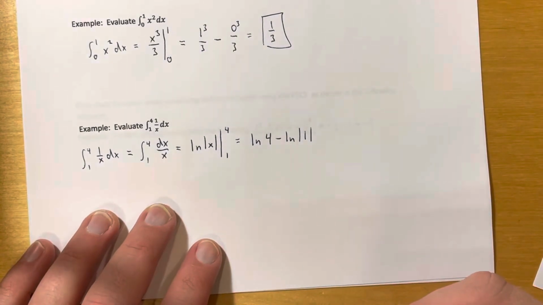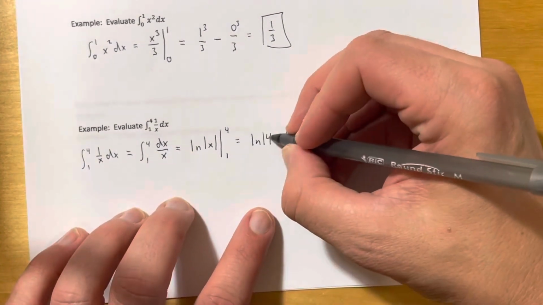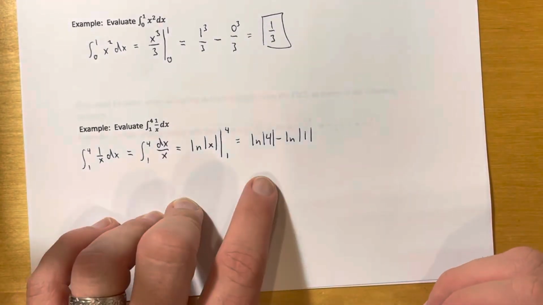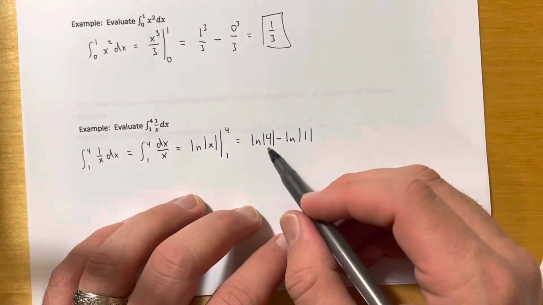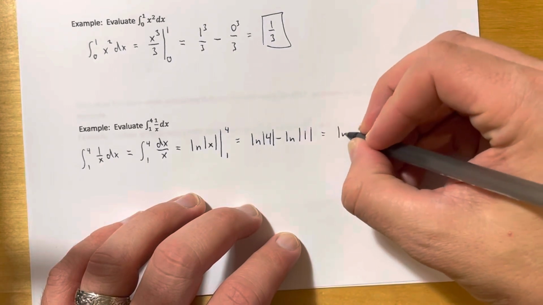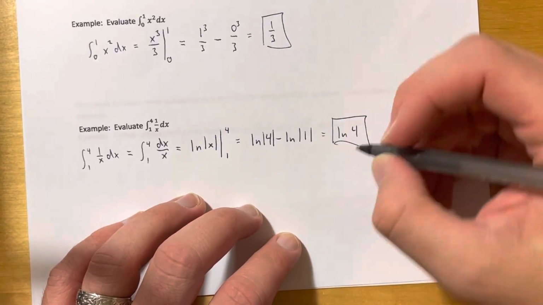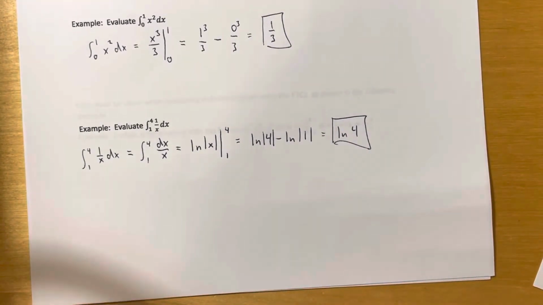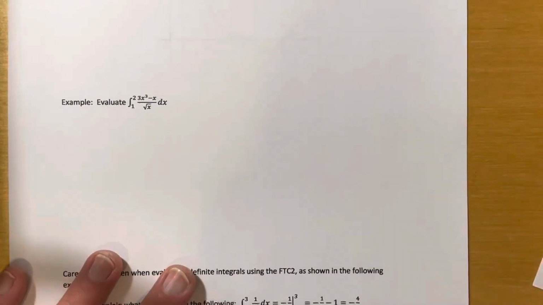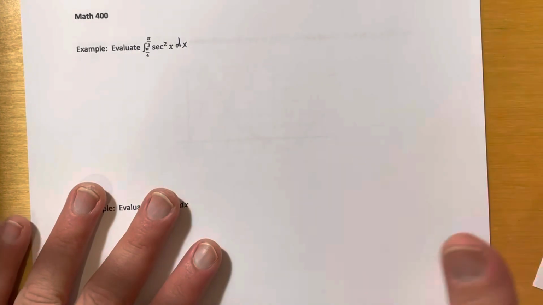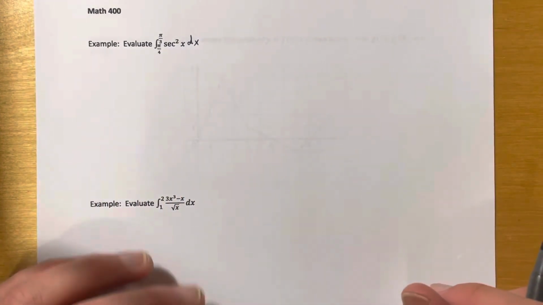Okay? I don't know why I included the absolute values there. I'll include it there just for completeness. The natural log of 1 is equal to 0, and so all I'm going to be left with is natural log of 4. I'm not even going to put that in a calculator. I'd prefer to leave it in that form. Okay? That's not bad. We can knock these definite integrals out much faster now that we have this technique.